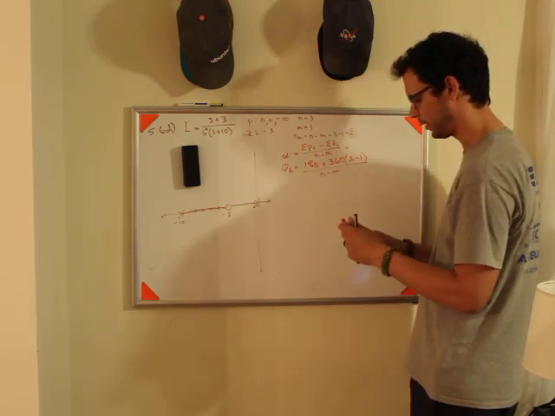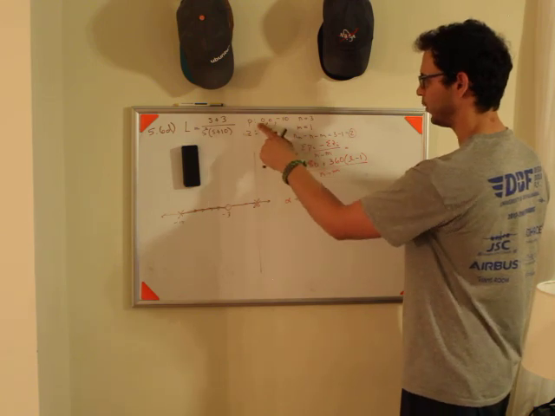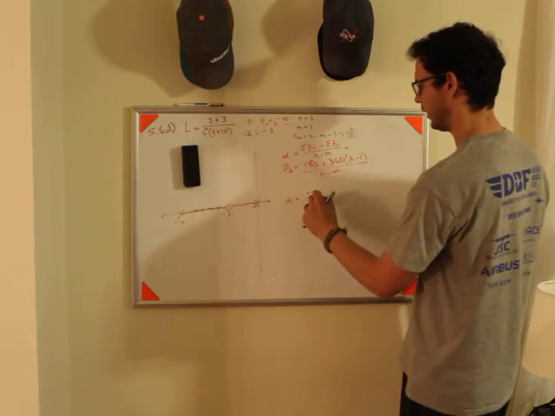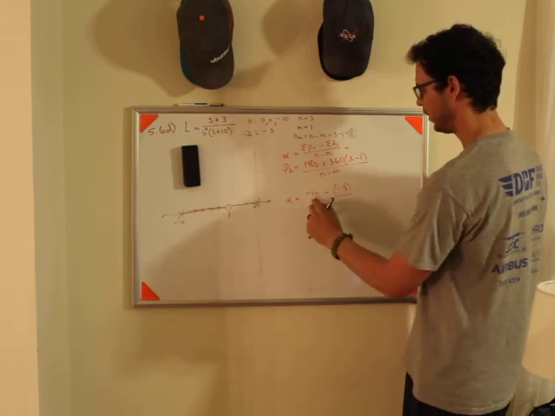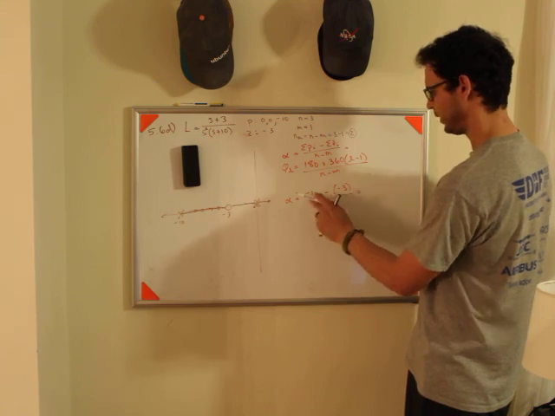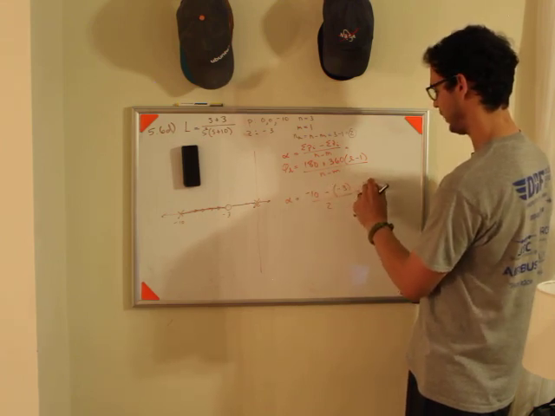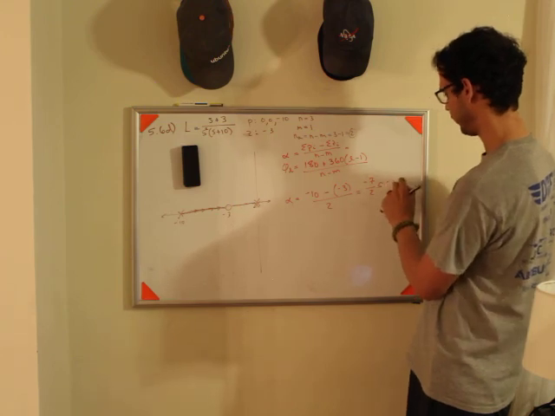Okay, so let's plug all this in to see what we get. Alpha is the sum of the poles, which are 0, 0, negative 10, so that's negative 10, minus the sum of the zeros, which is just negative 3, all over n minus m. N minus m is 2, so it's negative 10 plus 3, which is negative 7, so negative 7 halves, which is negative 3.5.